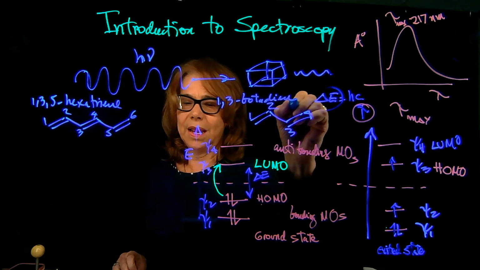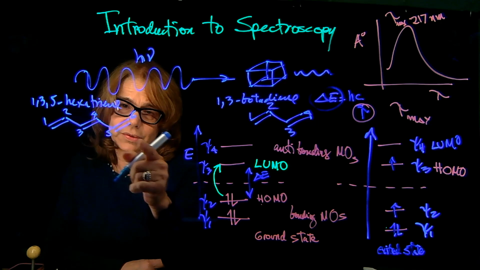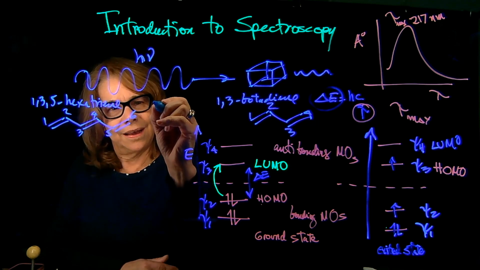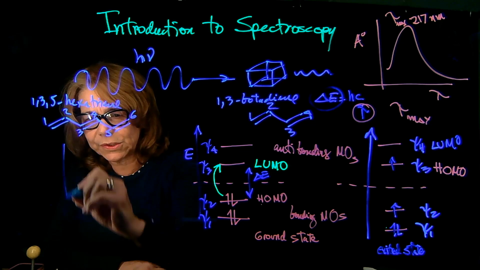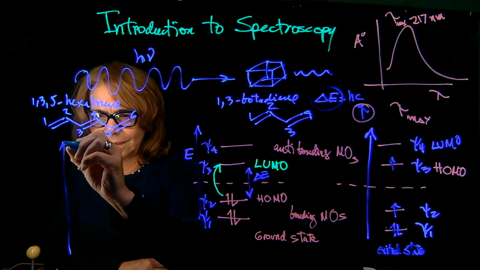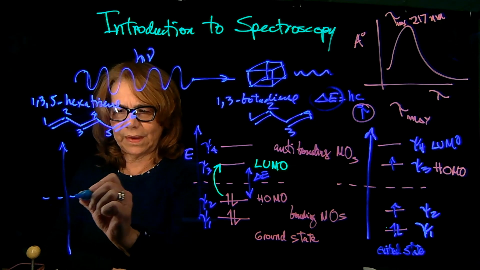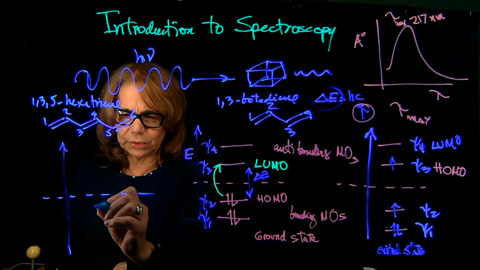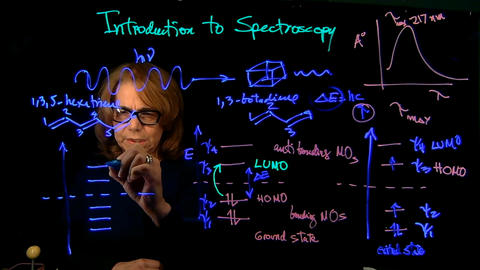All right. So now what happens when I have 6? I will have 6 atomic orbitals. I'm mixing those 6 p orbitals to make 6 molecular orbitals. The picture now is just that the levels are being squeezed, and now they're going to come closer. So I'm going to have 3 here and 3 here.